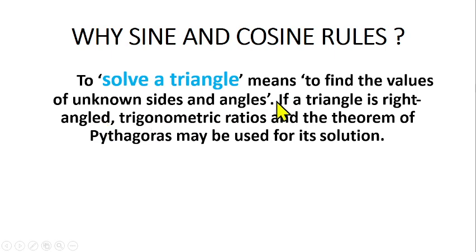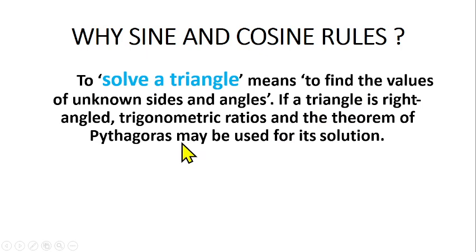Another reason is that to solve a triangle means that we need to find the values of the unknown sides and angles. If a question asks you to resolve a particular triangle, they want you to find all the sides and all the angles in that triangle.